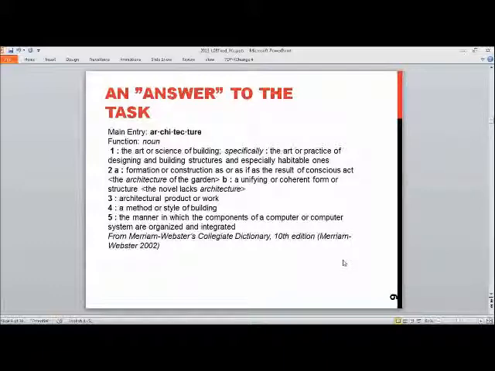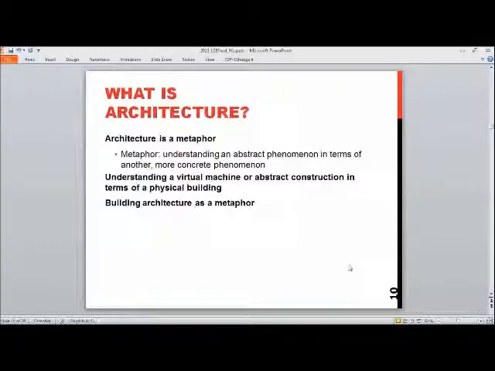There's the fifth definition, the manner in which the components of a computer or computer system are organized and integrated. It's basically the definition we are looking at here. It means that the architecture is actually a roadmap or portrait of the software we are creating.